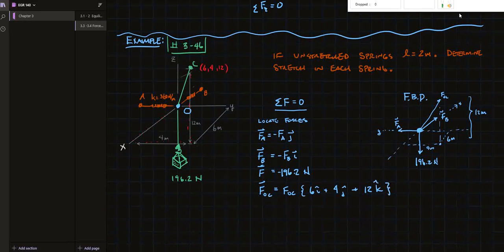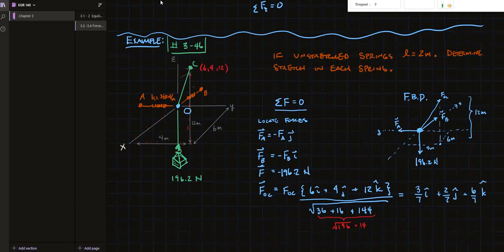That's our direction vector divided by its magnitude, which equals the square root of 196, or 14. So we've got 6/14, or better yet, 3/7 i, 4/14 is plus 2/7 j, and 12/14 is plus 6/7 k.